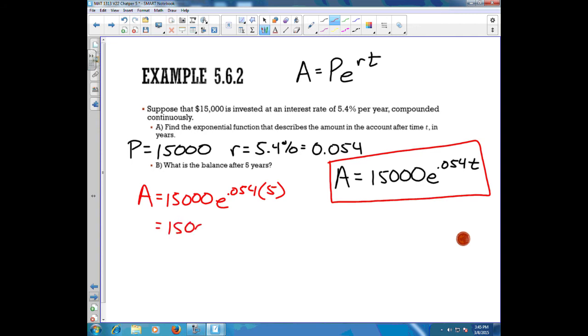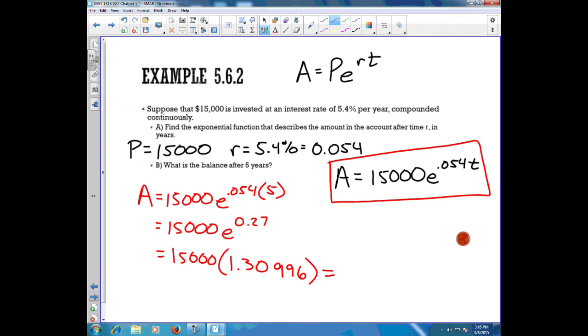And we get 15,000 e to the 0.054 times 5, which is 0.27, which is 15,000 times 1.30996.